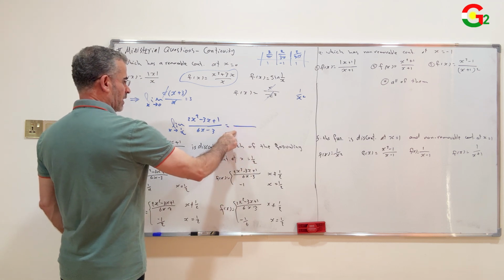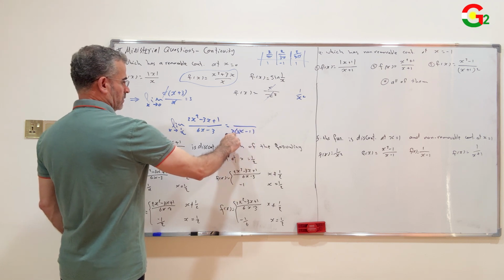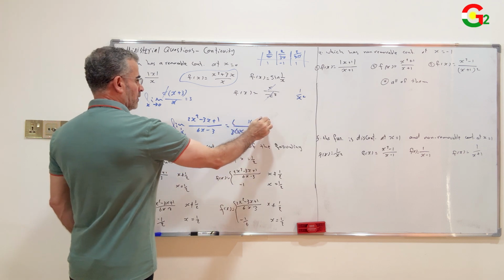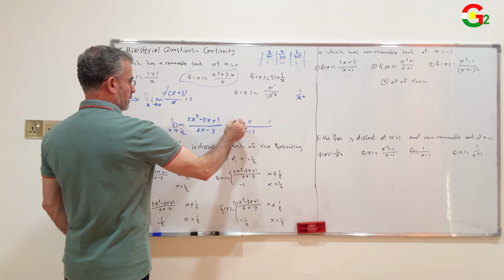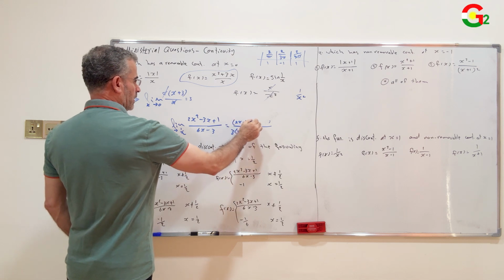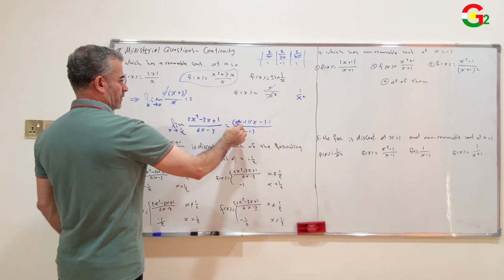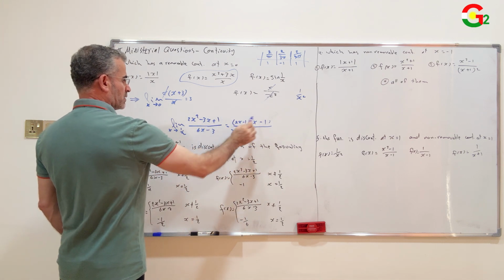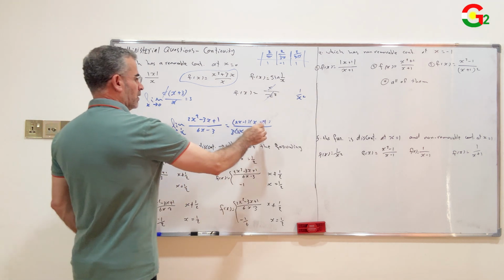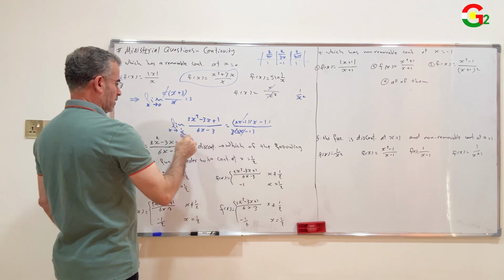Factorize the numerator by 3, then it will be 2x minus 1. Factorize the numerator by experiment: 2x minus 1 times x minus 1. 2x squared minus x minus 2x plus 1 gives 2x squared minus 3x plus 1. Reduce 2x minus 1 with 2x minus 1.